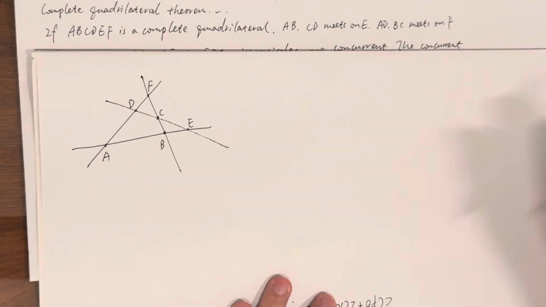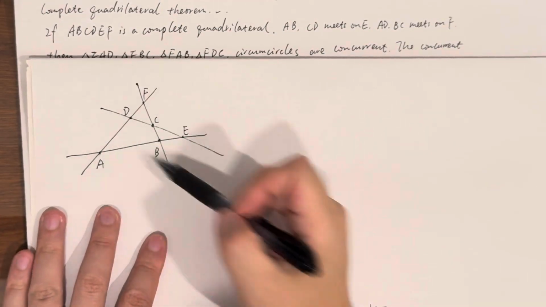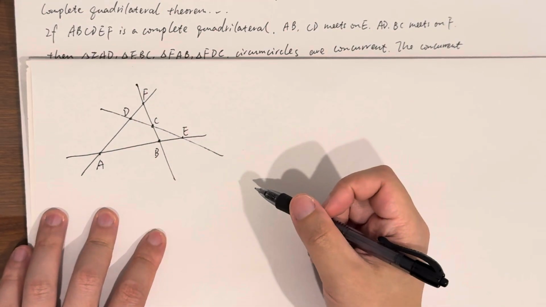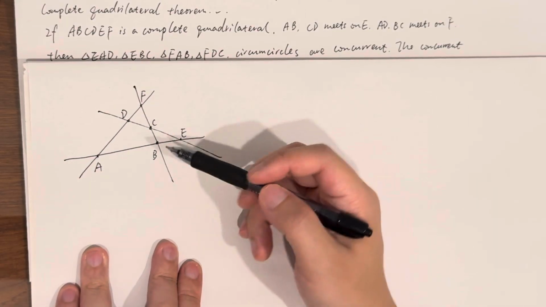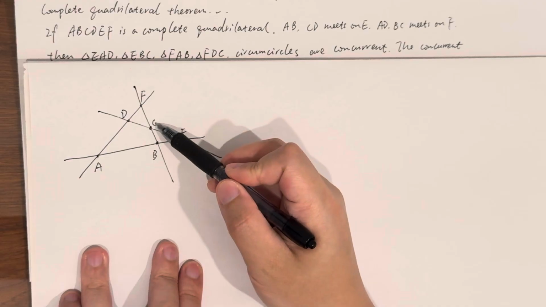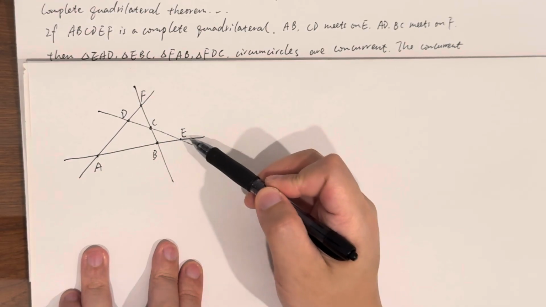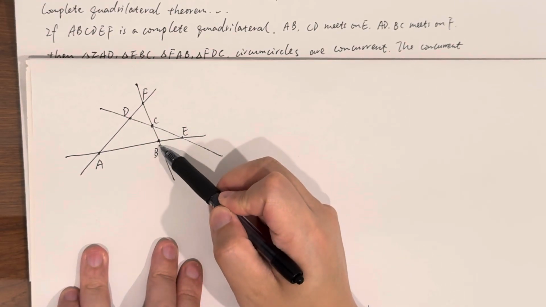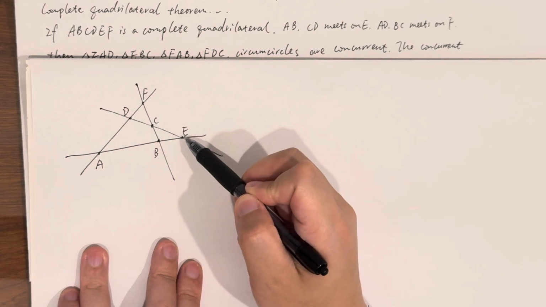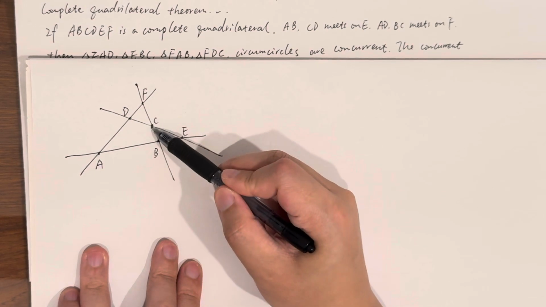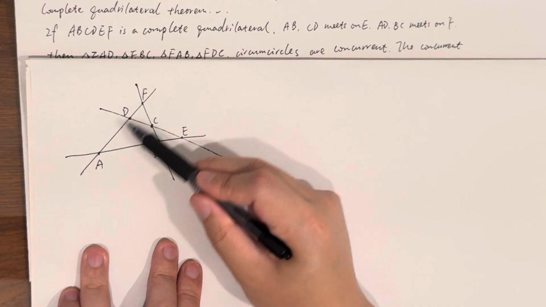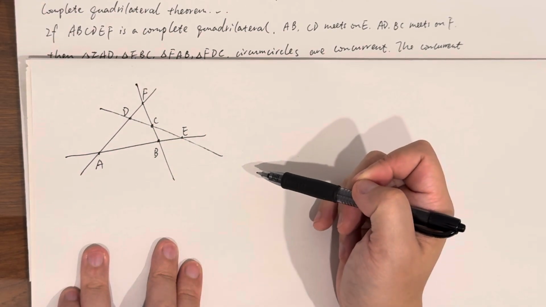Basically, it's saying we have an arbitrary complete quadrilateral, and now we want to prove that the circumcircle of triangle ECB, the circumcircle of triangle EDA, the circumcircle of triangle FDC, and the circumcircle of triangle FAB are concurrent.